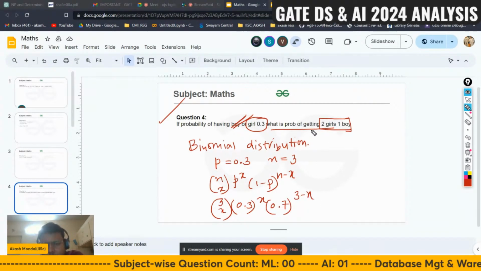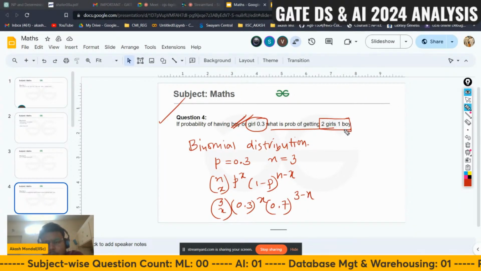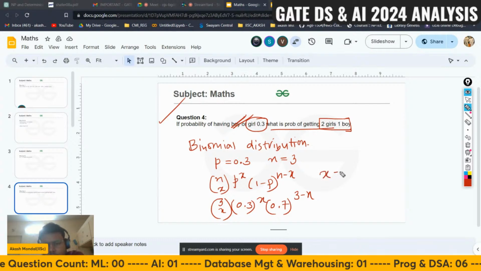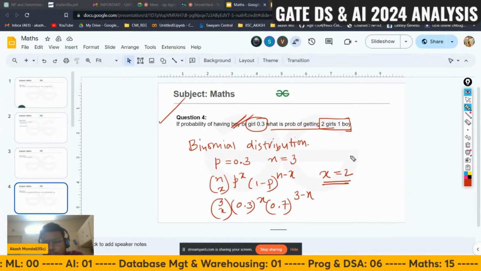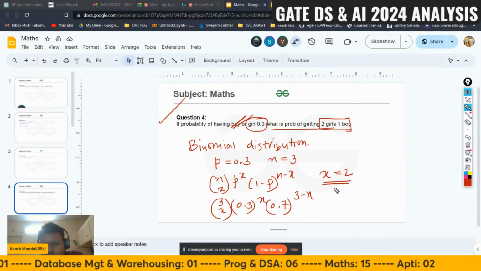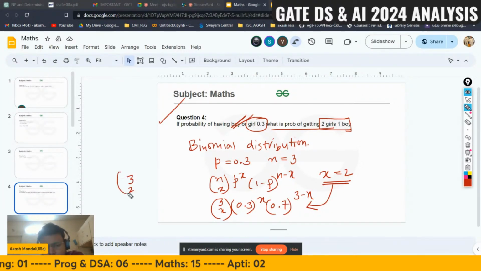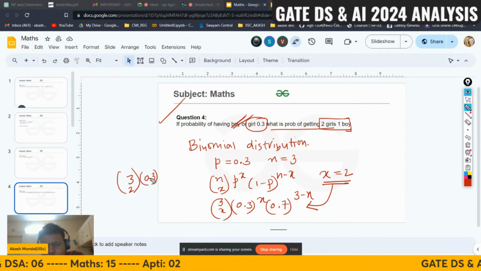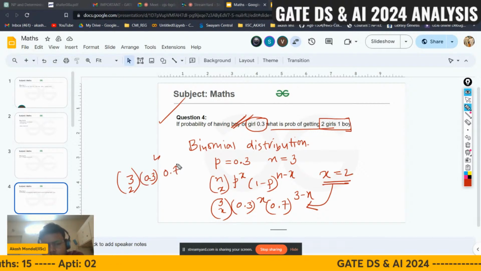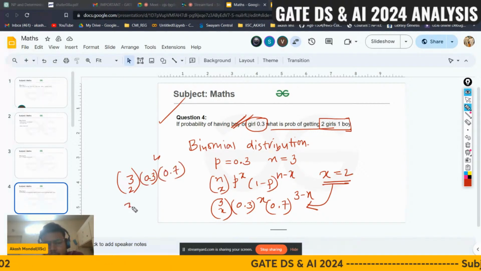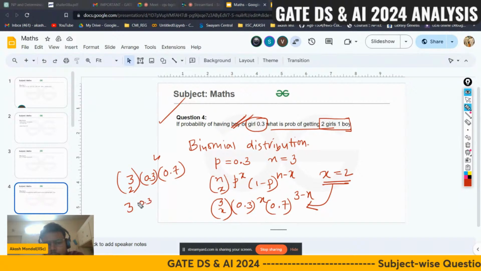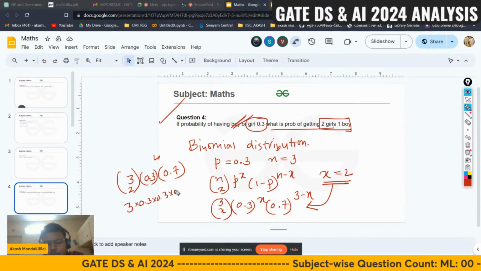Now they are asking the probability of getting two girls and one boy. So here x equals 2, the number of girls, so you just need to plug in x equals 2. You will get 3 choose 2, 0.3 squared and 0.7. So 3 choose 2 is 3, times 0.3 times 0.3 times 0.7 is the answer.